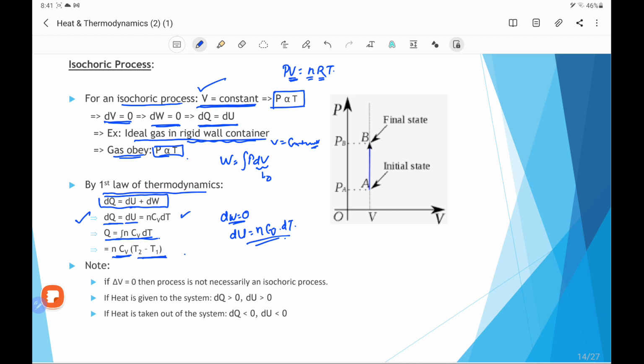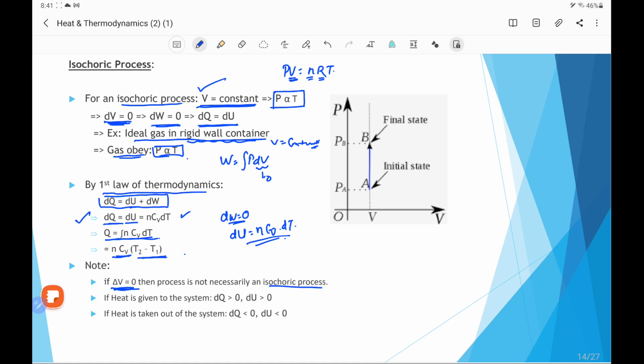Here we have to note some points. We have mentioned dV equals 0. If we say delta V equals 0, where delta is a large difference, then the process is not necessarily isochoric. Delta V equals 0 will be an isochoric process only if the volume remains constant everywhere.